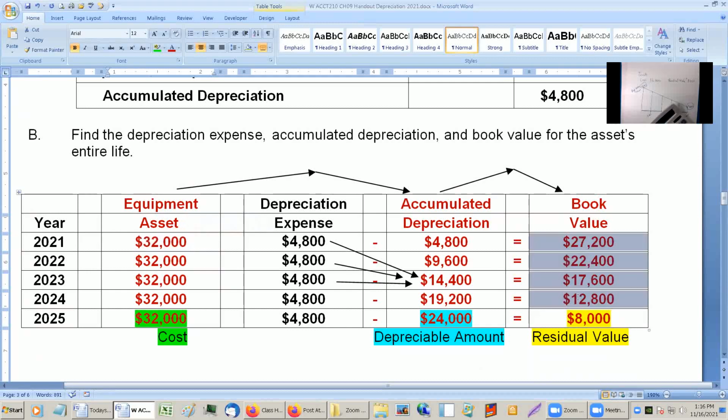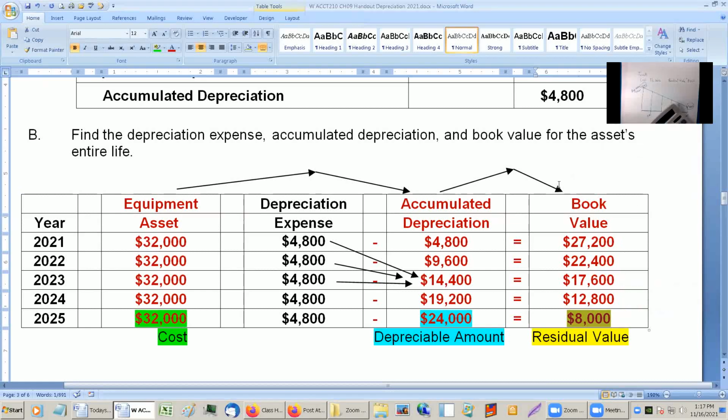At the end of 2021, we've had it for a year, it'll depreciate by 4,800. And it'll just keep going down until we get down here to the year 2025, which it'll be 8,000, which is what we expect it to be at the end of its life.